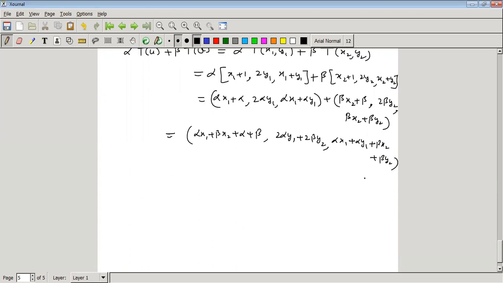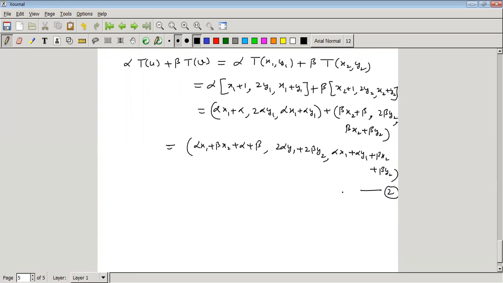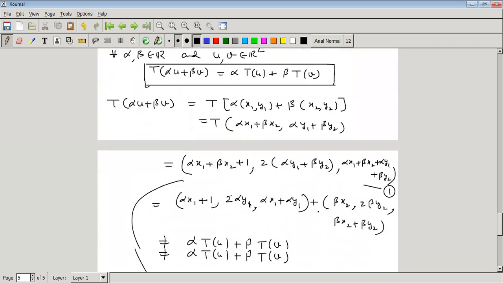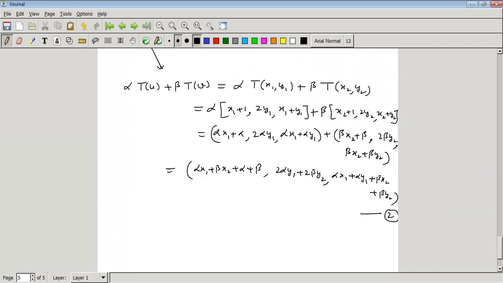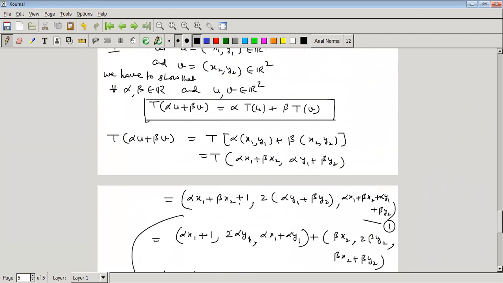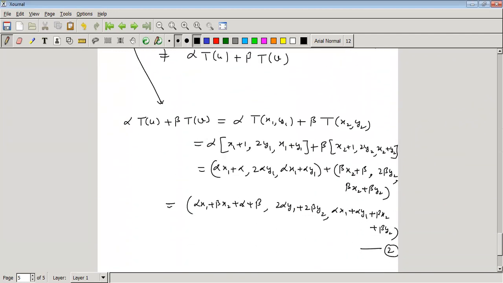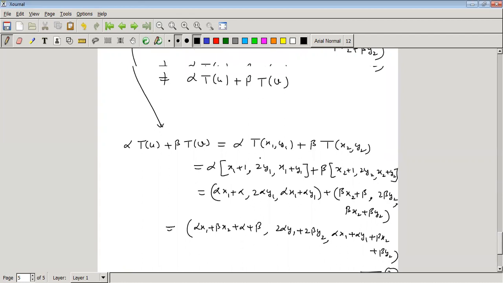So if we compare these two with 1, what we get? Alpha x1 plus beta x2 plus 1. But here it is alpha x1 plus beta x2 plus alpha plus beta. So the first coordinate is not equal, right?